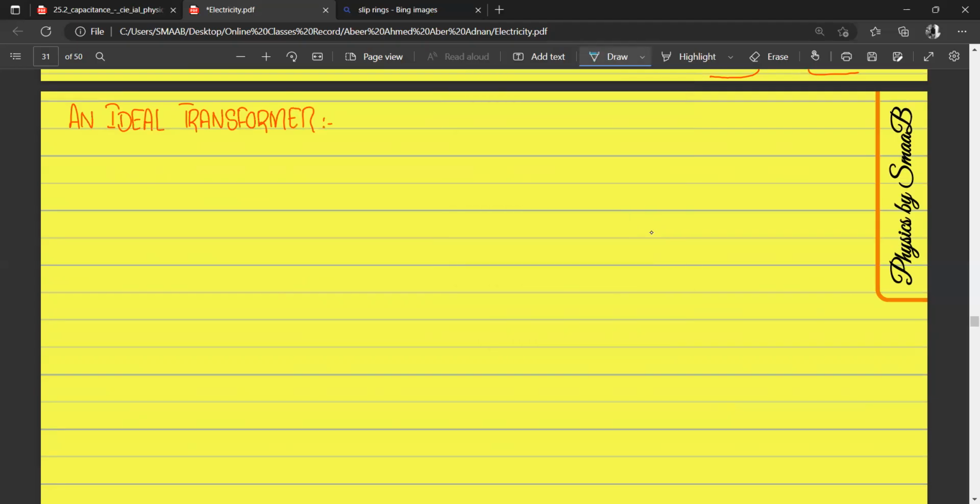So this form can be written as: the voltage of secondary multiplied by the voltage of primary is equal to the number of turns in secondary multiplied by the number of turns in primary.